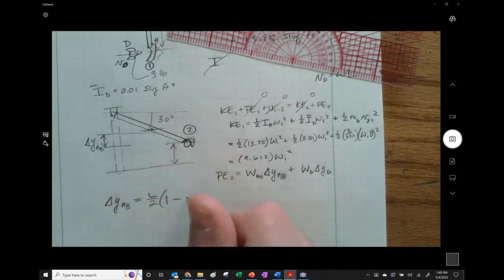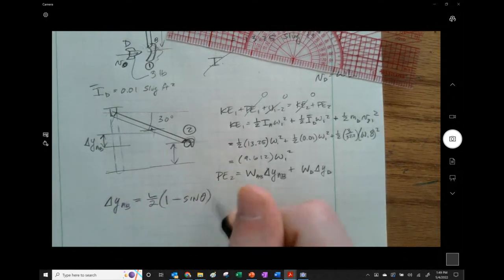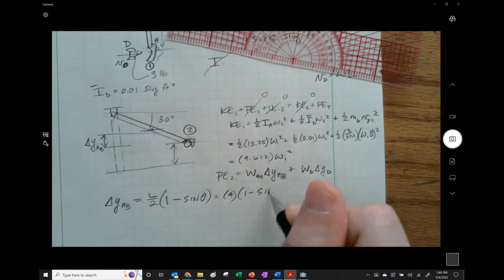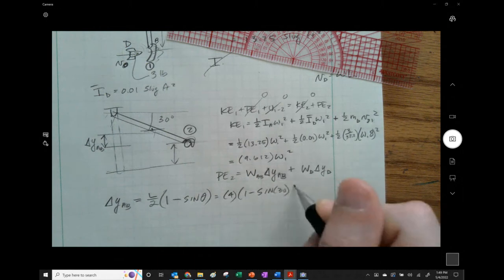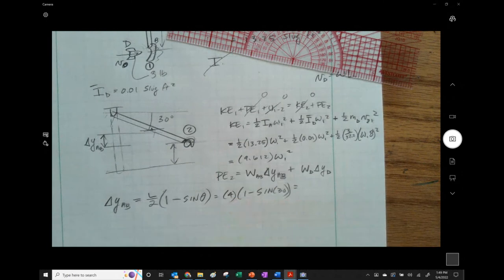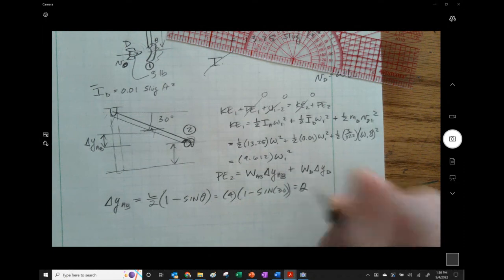Okay, yeah, the sine. So 1 minus sine of 30, which is just 0.5, right? So then that should end up being 2, but I can't stop myself, so I went ahead and did it anyway. So it's just 2 feet.